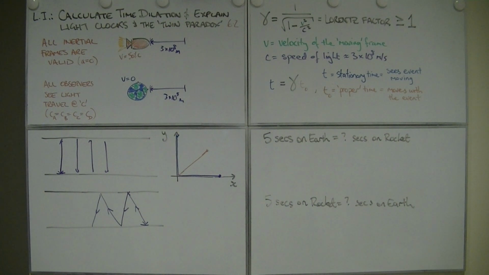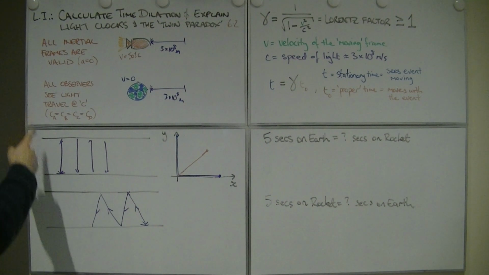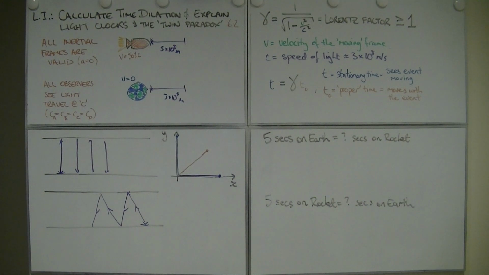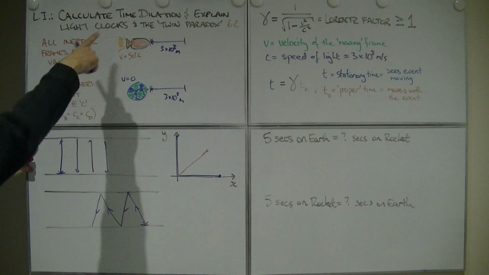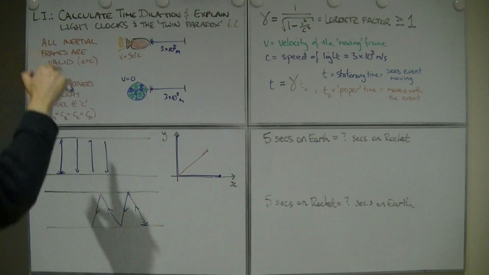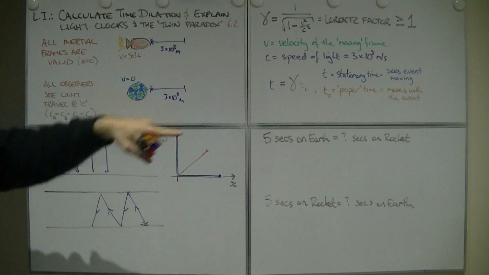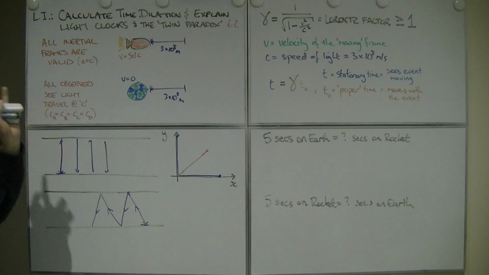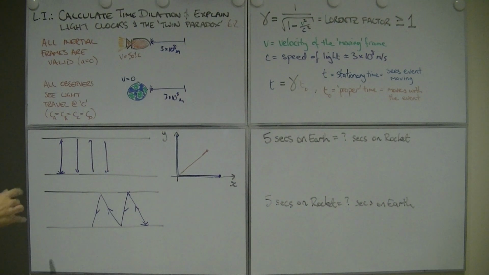What does that mean? Well, we know that light has to travel at c regardless of whose frame you're in. So if these light clocks have the same height, and let's say they were both built on Earth and then one was shipped up to the craft, taken off and then come past Earth again at half the speed of light, we know that they all measure the same in the same reference frame.